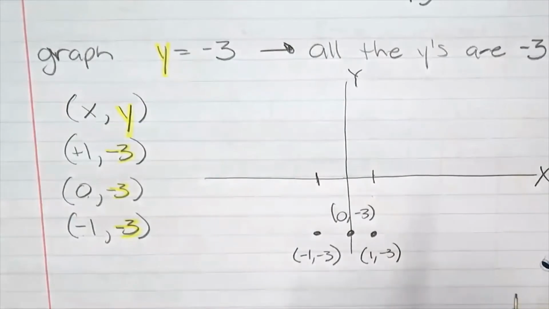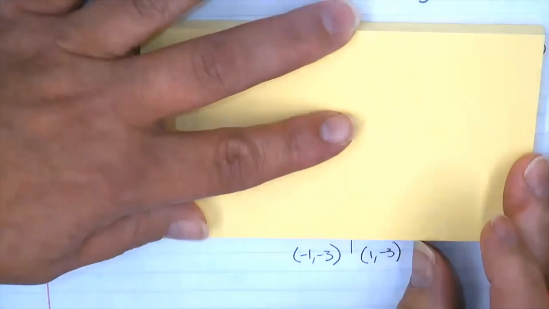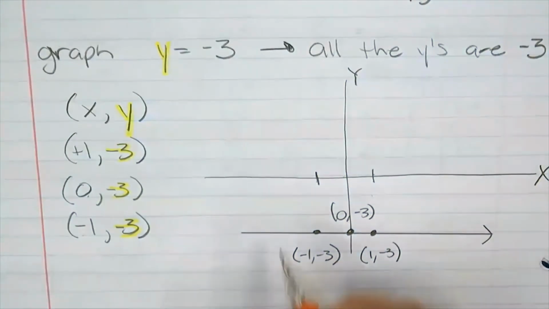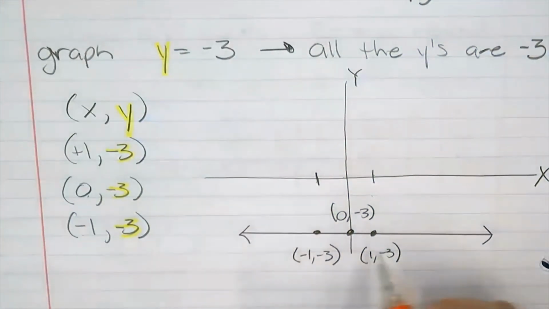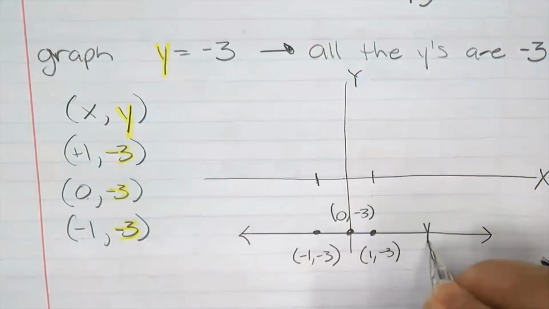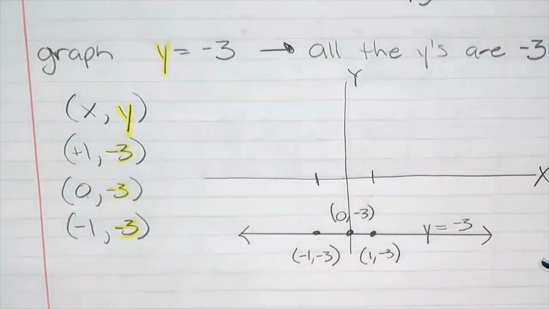And then I use my straight edge to connect those points. This is the graph for y equals -3.